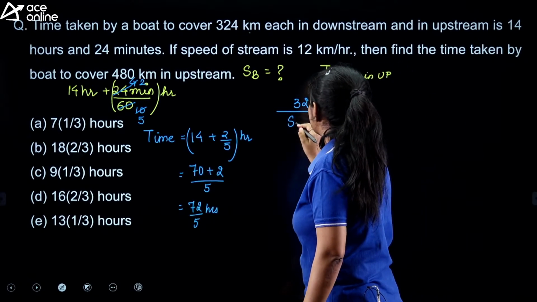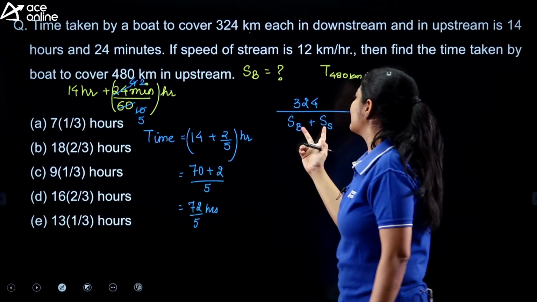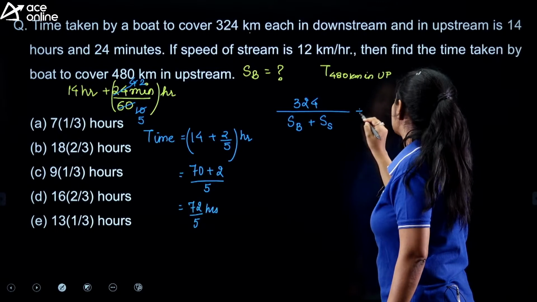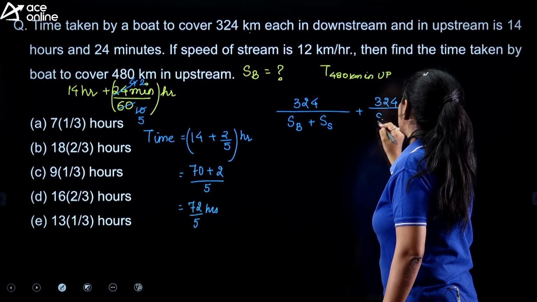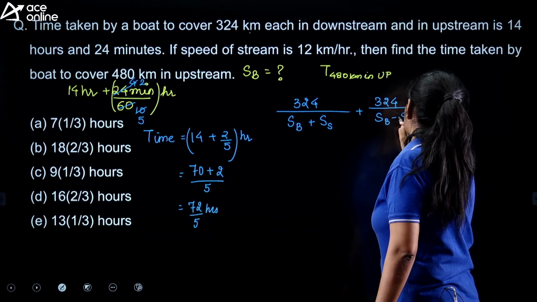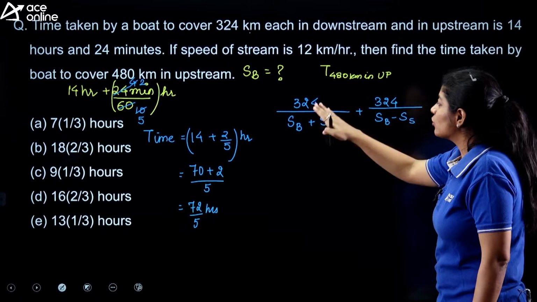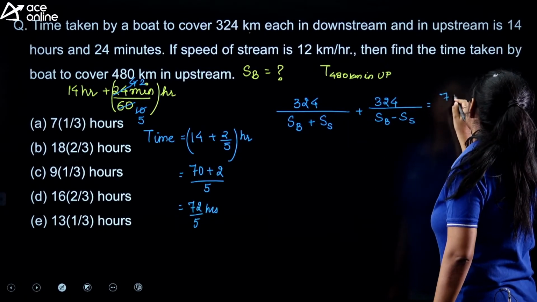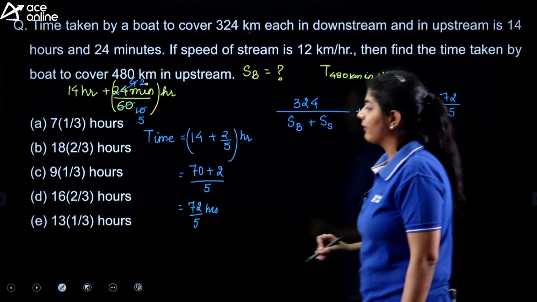Speed downstream is the speed of the boat plus the speed of the stream, so 324 divided by that, plus 324 divided by the speed of the boat minus the speed of the stream, which is the upstream. The total time taken in such a condition is equal to 72 by 5. This is what we have.